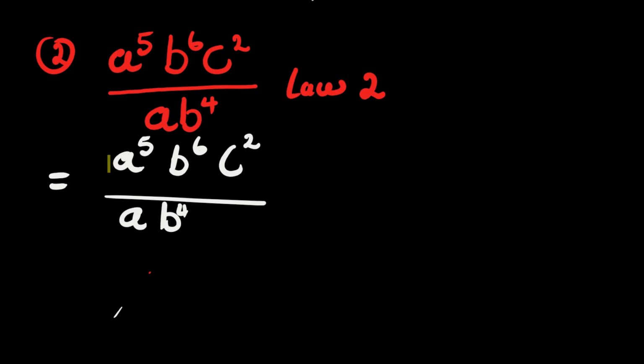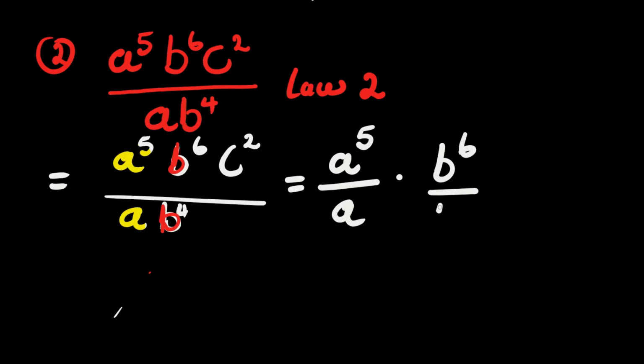As you can see, we have a at the top and a at the bottom, b at the top and b at the bottom as well. So here I can separate it this way: a to the power 5 over a, leave it this way, and b to the power 6 over b to the power 4, and leave it that way, and also c squared, leave it that way. So it's an a with an a, b with a b. c doesn't have a friend on the denominator side.